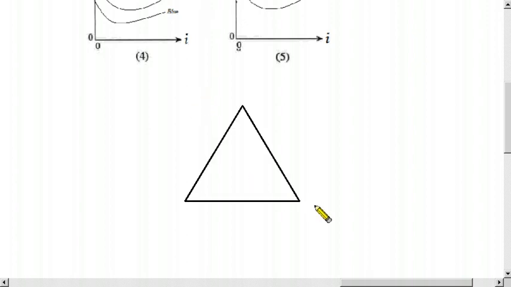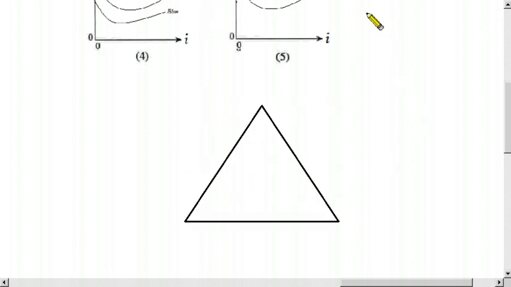We have to draw the previous diagram again. Yes, red ray, then blue, then normal.